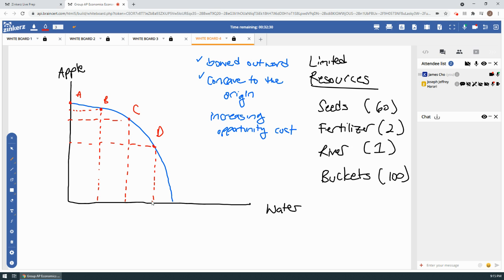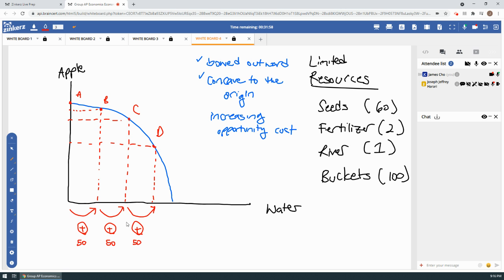Okay, so I know it's not perfect, but imagine going from A to B to C to D. What I'm doing is I'm gaining water. And hopefully if I drew it correctly, I'm gaining the same amount of water each time. Okay, let's say each time I go from A to B to C to D, I'm gaining like 50 gallons of water.